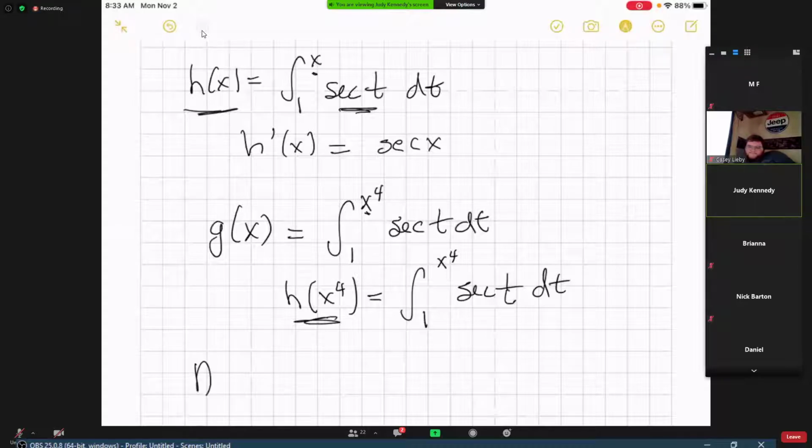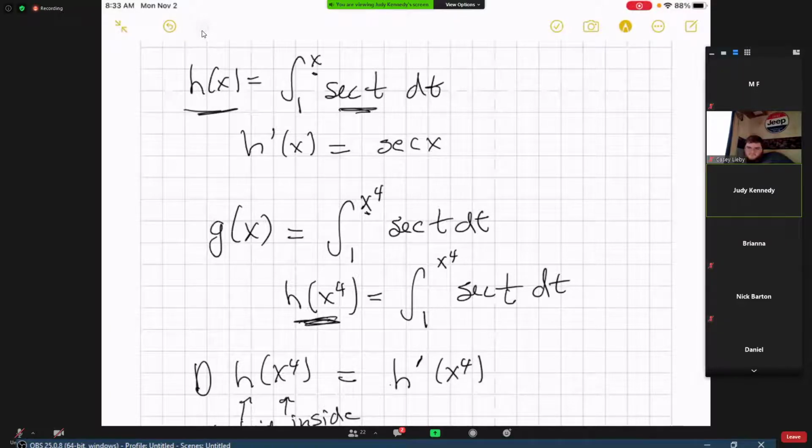The inside function is x to the 4th, the outside function is h. By the chain rule, the derivative is h prime applied to x to the 4th multiplied by the derivative of x to the 4th.